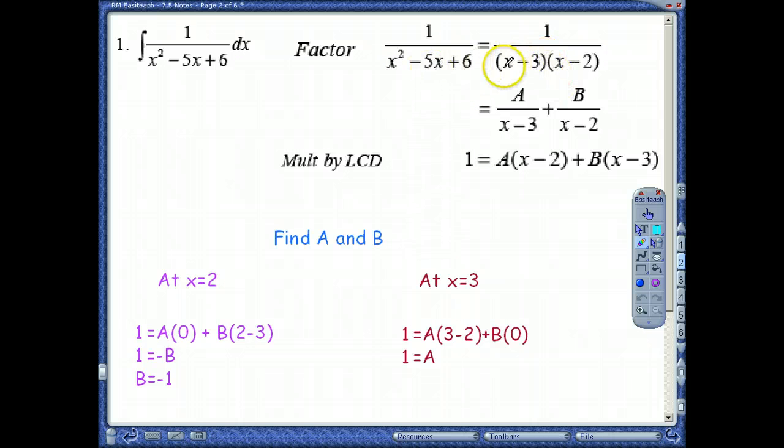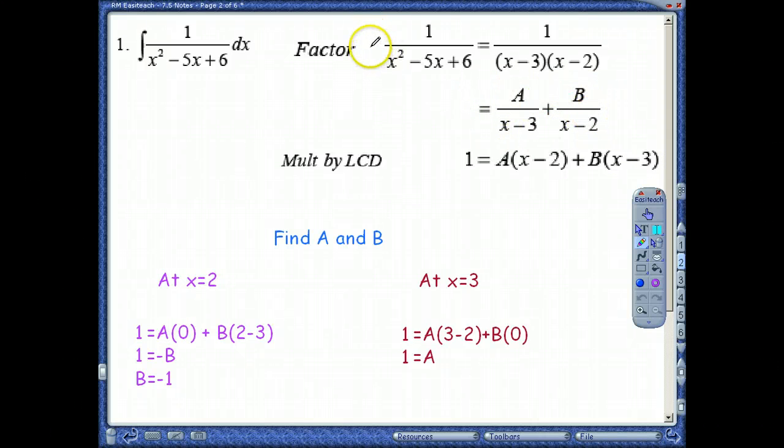So that's what I'm doing. I'm going to factor. That gives me x minus 3 times x minus 2. I'm going to rewrite it with a letter on top of each individual factor. So x minus 3 was my first factor, so I'm going to put A over it, plus, I'm always going to use plus, B over the next factor. And then I'm going to multiply by the least common denominator.